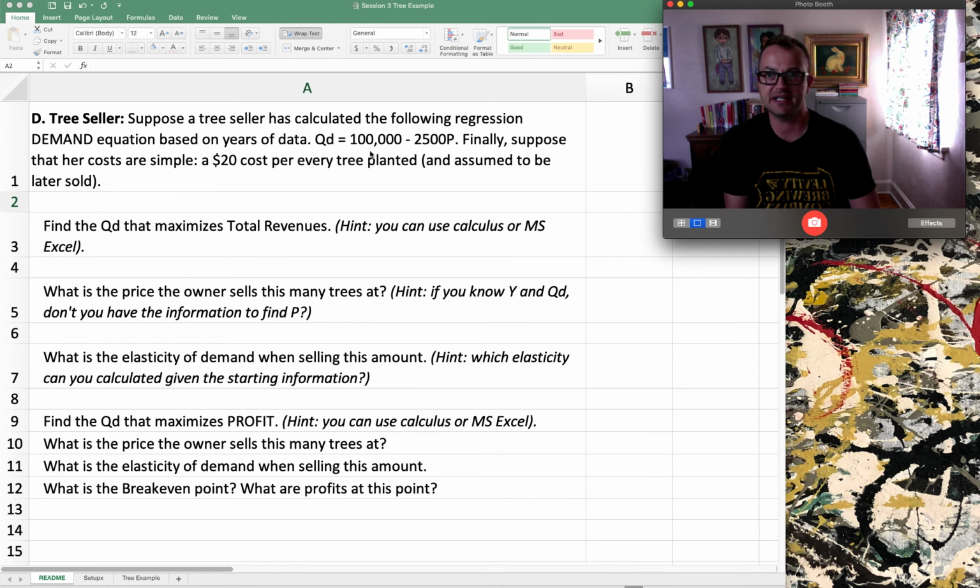And they have an idea of what their demand curve is, 100,000 minus 2,500 P, okay? From this information, this can take us a long ways, okay? We can use this information to determine, hey, what should we price our trees at?